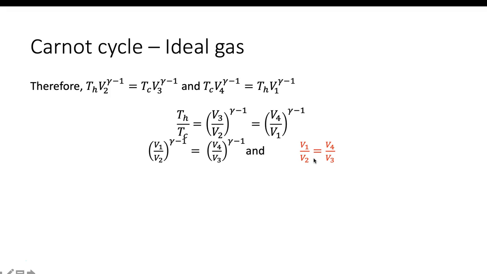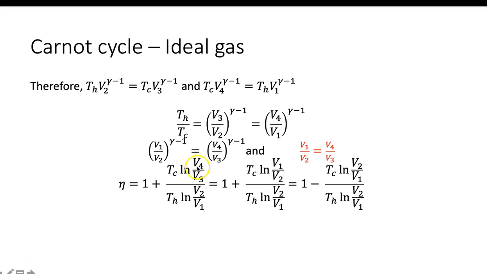All right, so let's go back to the expression that we derived for the natural log. This is the one isothermal step. This is the second isothermal step. We can plug in. So V4 over V3 is equal to V1 over V2. Right, so we have this quantity here. And then if we take the negative of this, we can invert V2 and V1.